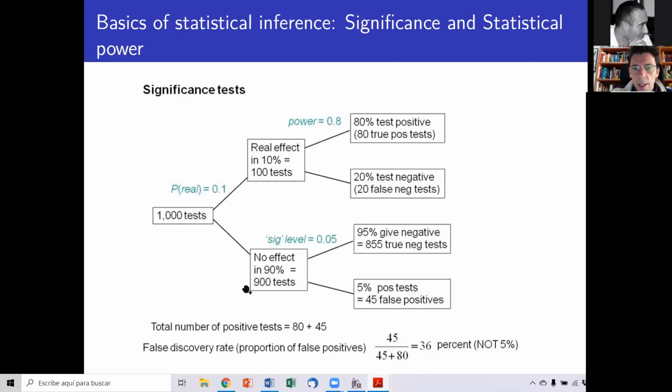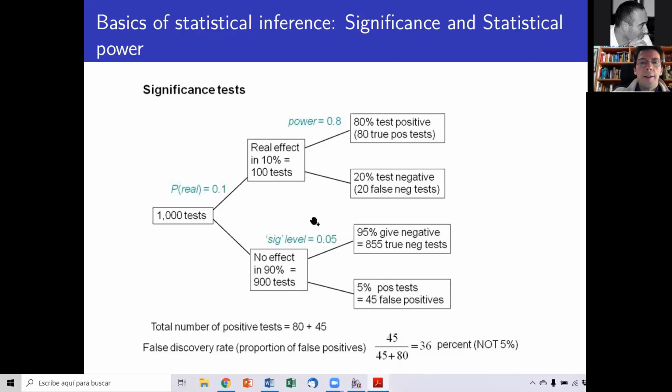So in these 900, there are 45 drugs that I declare to be useful, and the rest, 855, I declare them not to be useful. So most of the not useful drugs I have correctly identified, but I have made a mistake with a few of them.